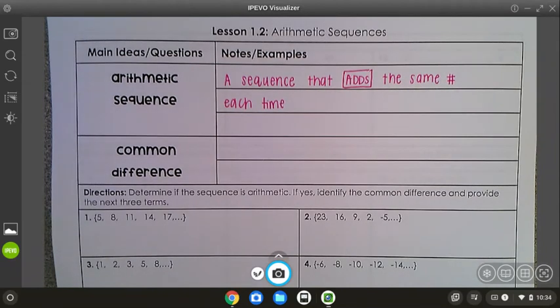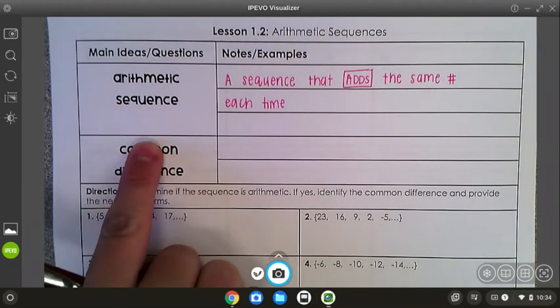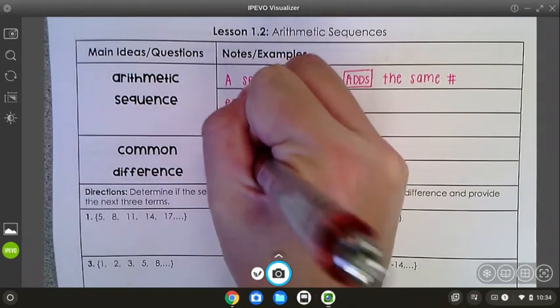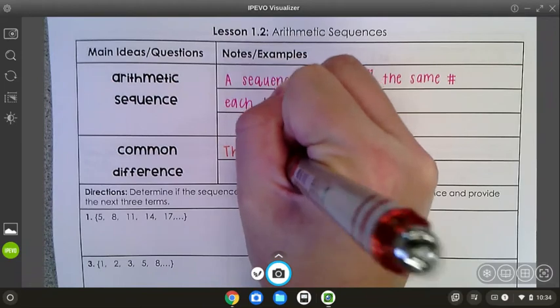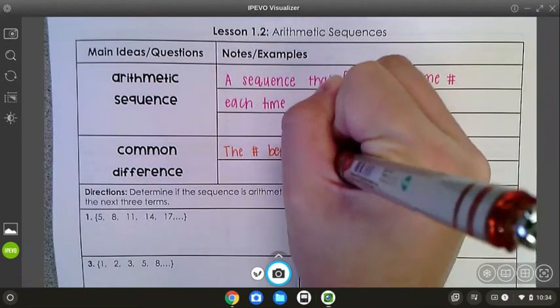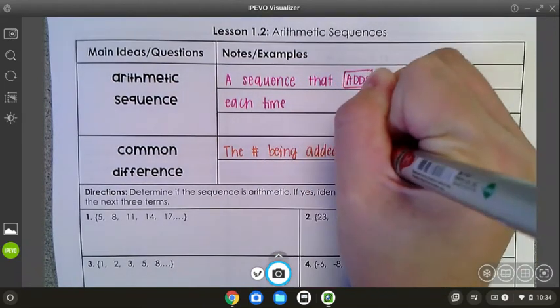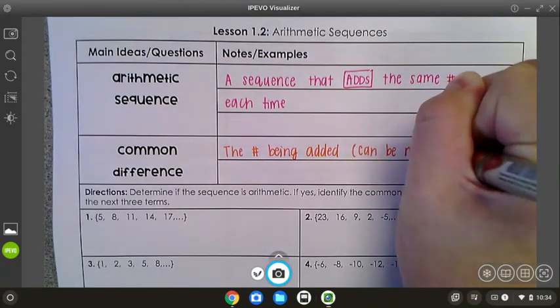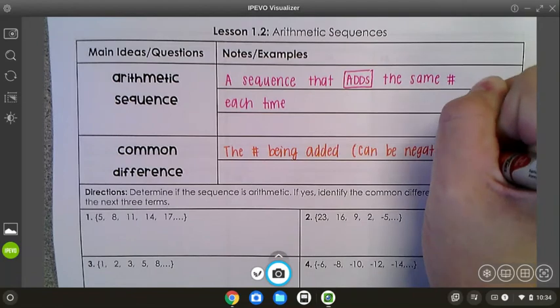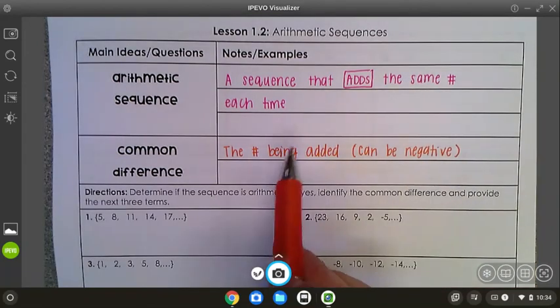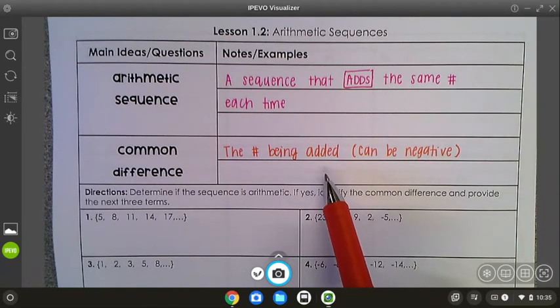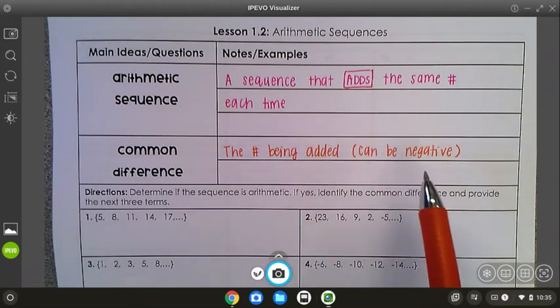In an arithmetic sequence, a common difference is the number being added. And this number can be negative. If you're adding a negative number, that's really the same thing as subtracting, but it can be negative.